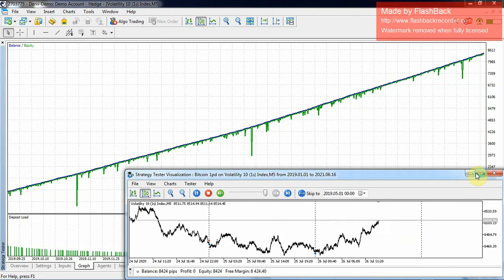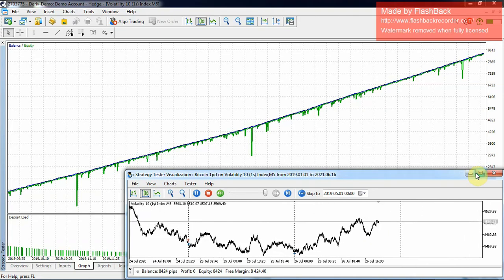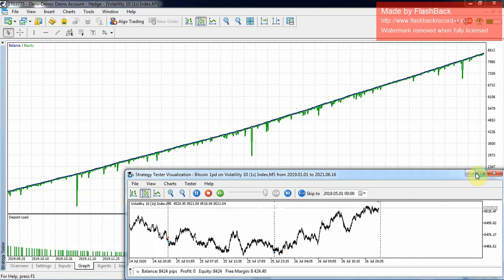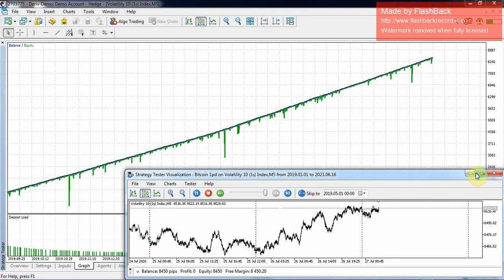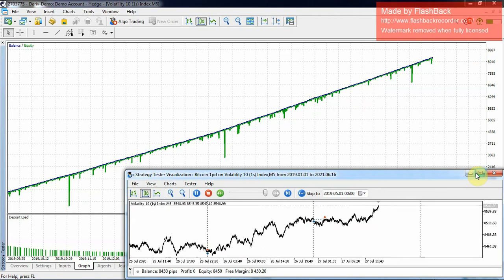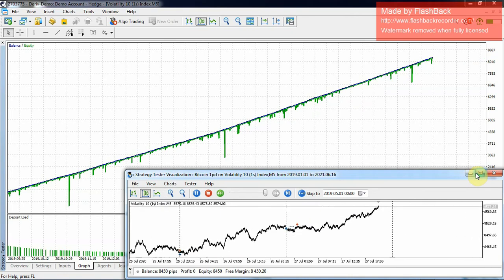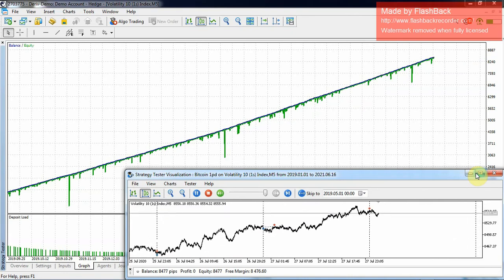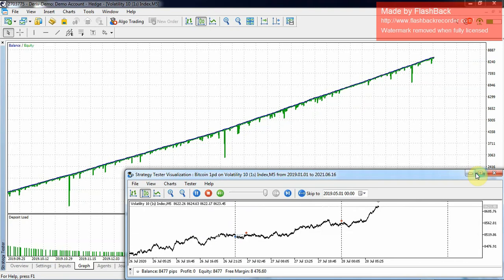Probably we could have reached maybe 100k, because these are a lot of trades that have been taken so far without increasing the lot size. That's why we're at 8k, but in real time it could have been more.